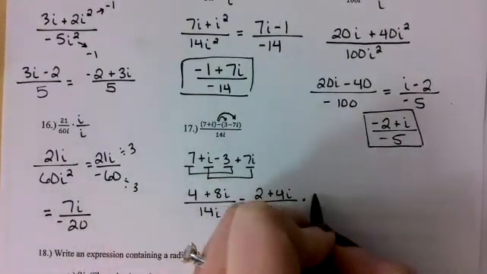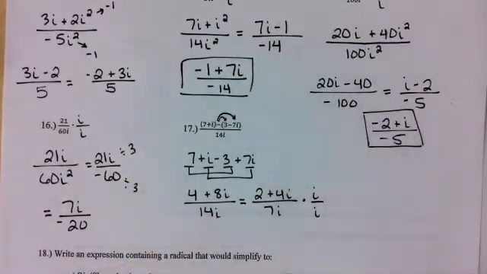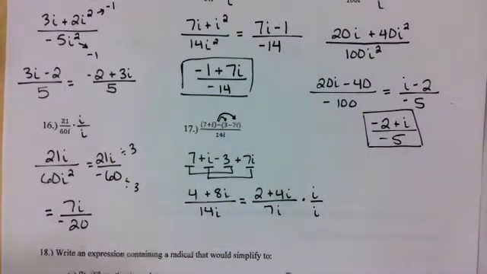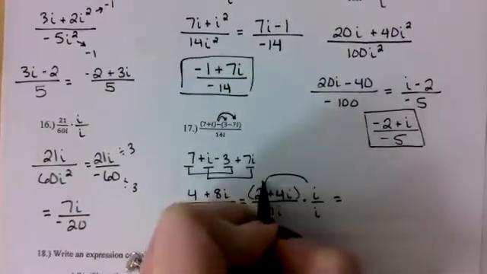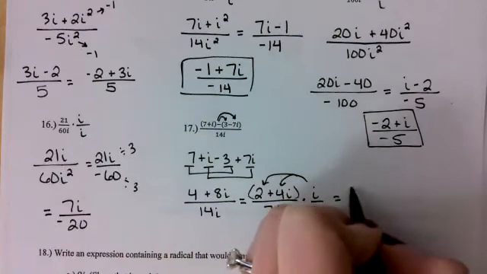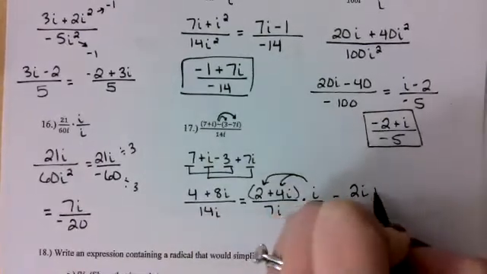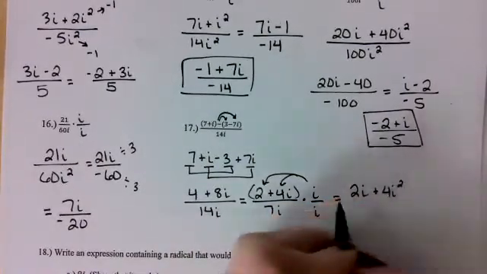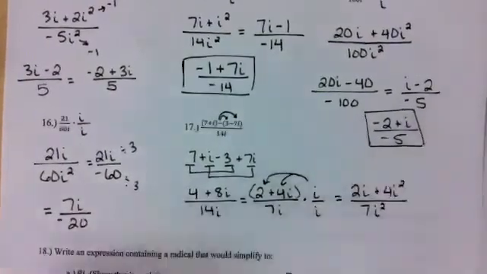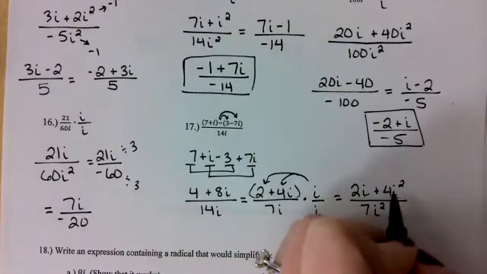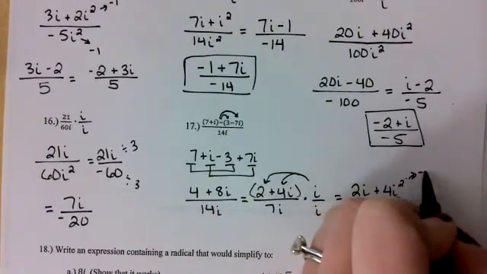Okay, and then I can multiply by i over i. This i is going to be distributed to the 2 and the 4i, so I'm left with 2i plus 4i squared over 7i squared. This guy turns into a -1.